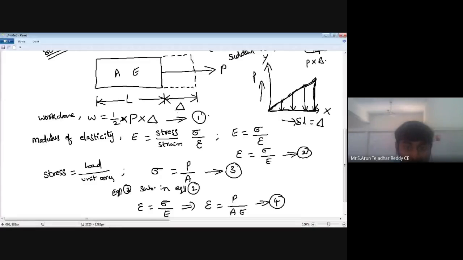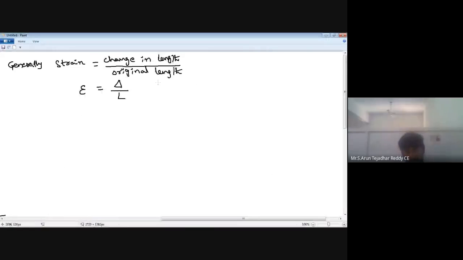So your strain is change in length by original length, delta by L. Then give it equation number 5.